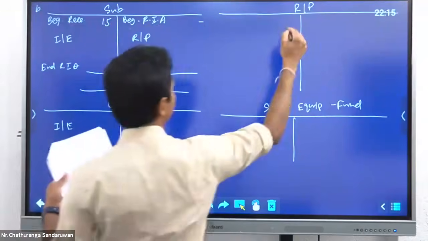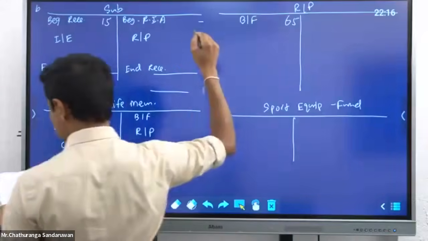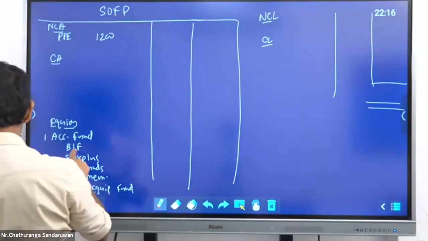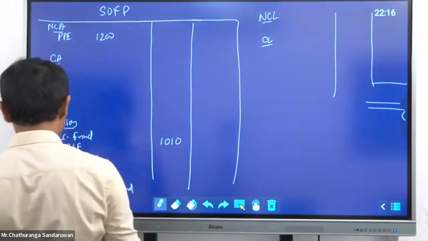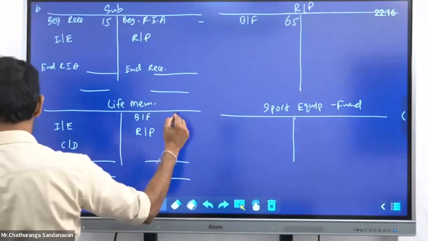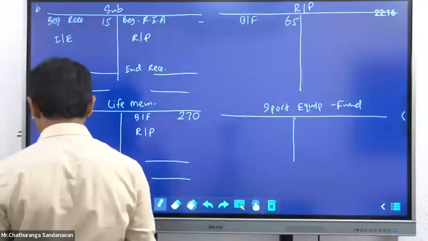Cash 65, receipt and payment. And then the beginning balance of the accumulated fund is 1010. And the life membership fee beginning balance is 270. So I have taken the beginning balances, right?